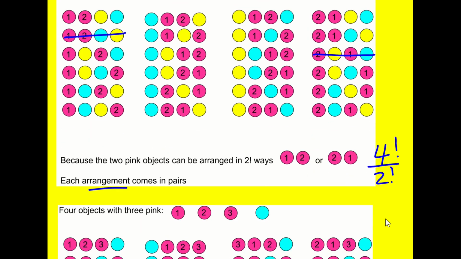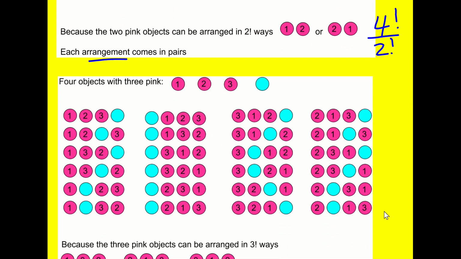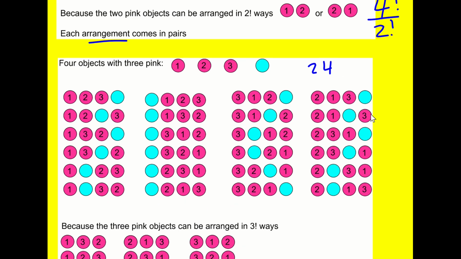What about 4 objects with 3 that are pink? Now I get 24 permutations, but actually for every one, like this 1, 2, 3, I end up with this one being repeated, this one being repeated, this one, and this one.